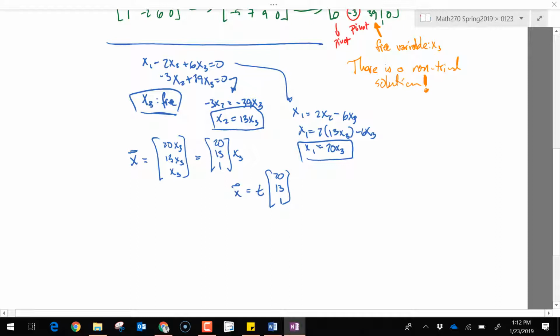And this would describe the solution set. All right, feeling a little abstract right now? You should get used to feeling abstract in this class.